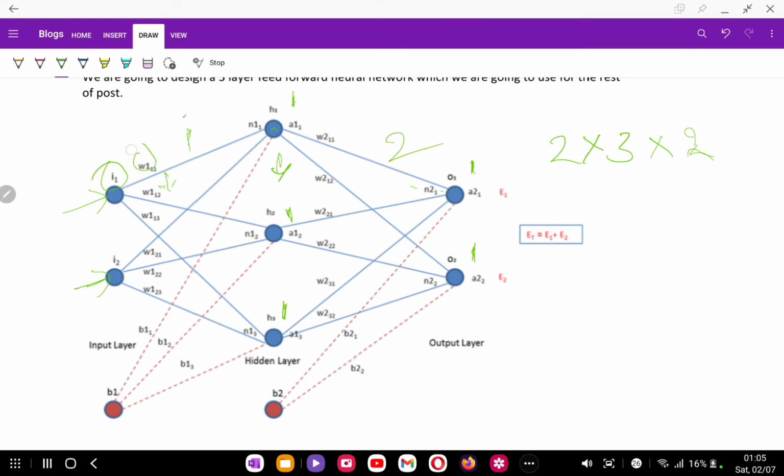W denotes the weight. W1 means the weight of the first layer, and the subscript W111 means there's a weight from one node of this layer to one node of this layer. Similarly, W112 means there's an edge from here to the second node of this layer.